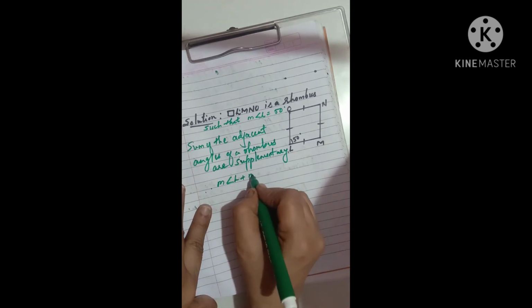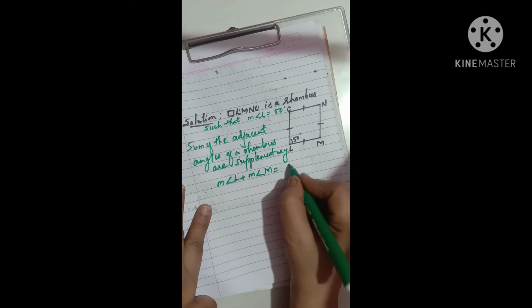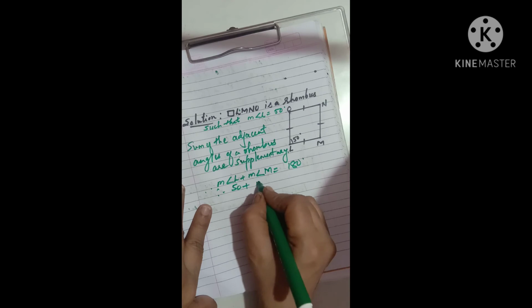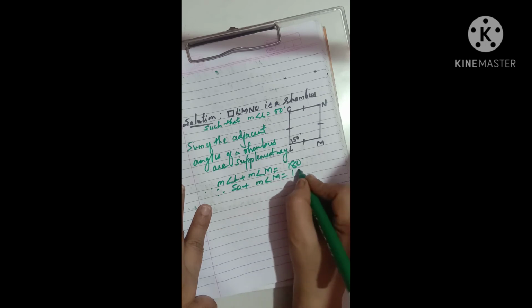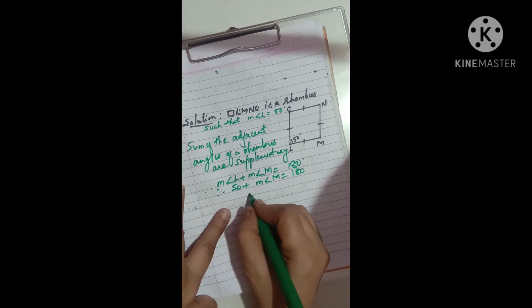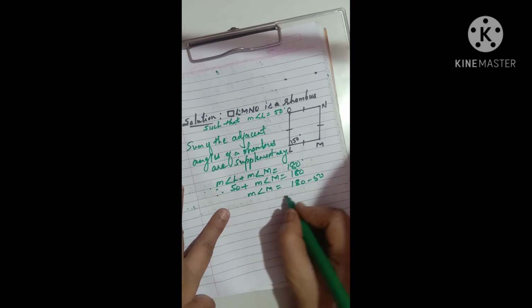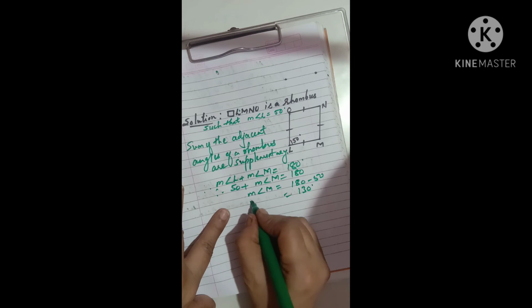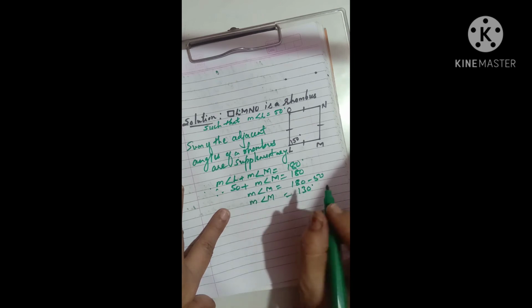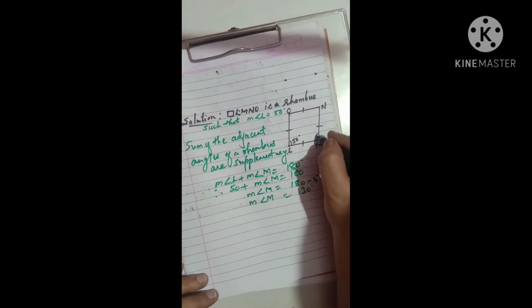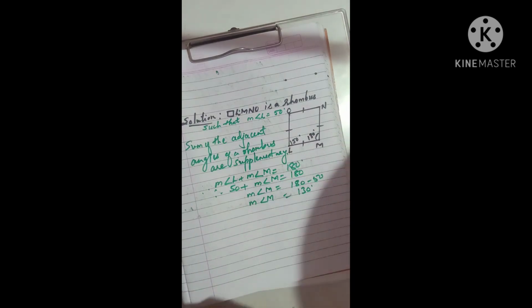Therefore measure angle L plus measure angle M is equal to 180 degree. So 50 plus measure angle M is equal to 180 degree. So measure angle M is equal to 180 minus 50. So measure angle M is equal to 130 degree, that we are writing in the figure.